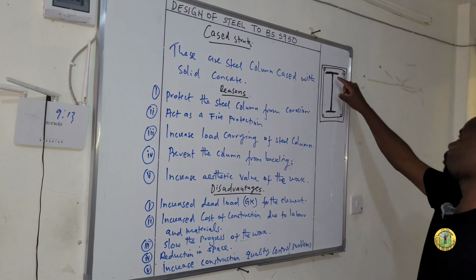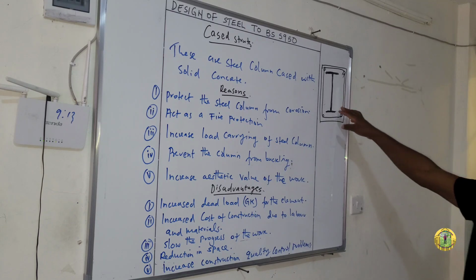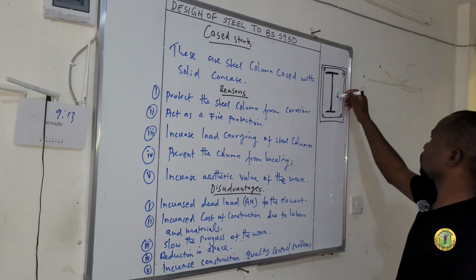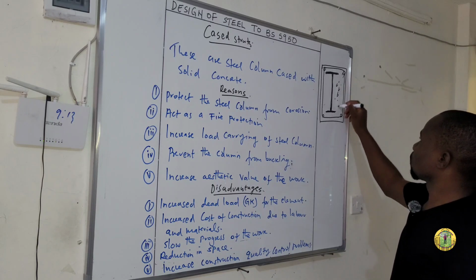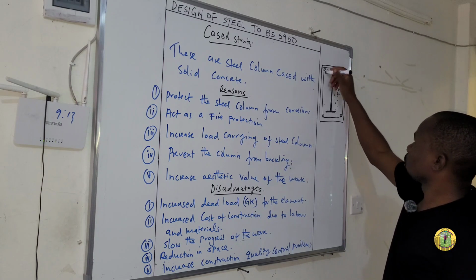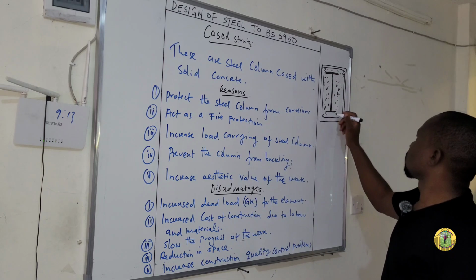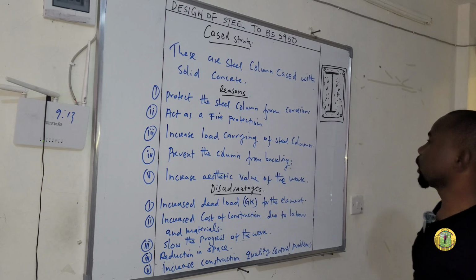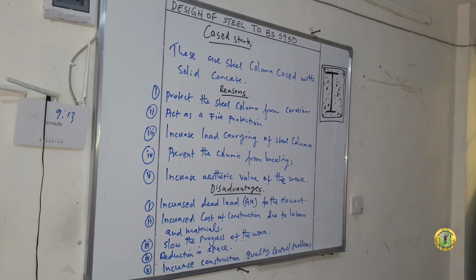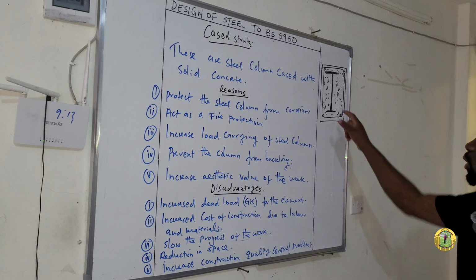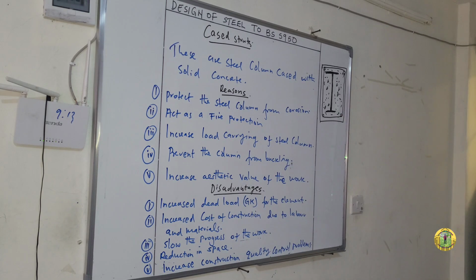This is a section of a column. This is the steel and this is the concrete. Like that. So what are the reasons for these cased struts?